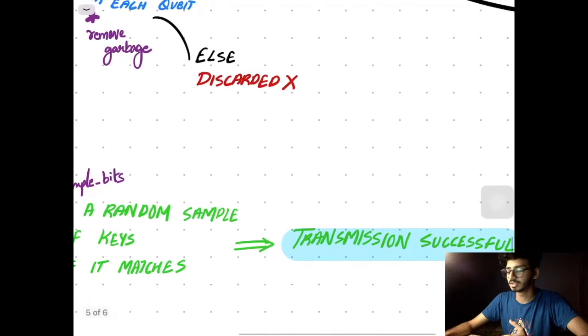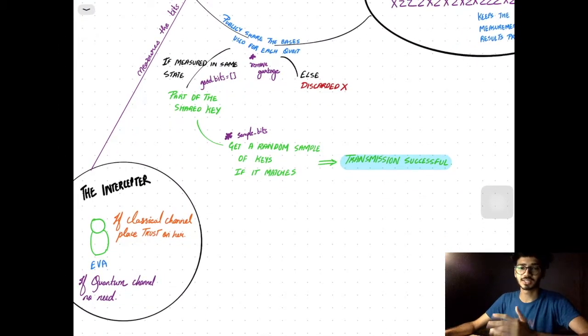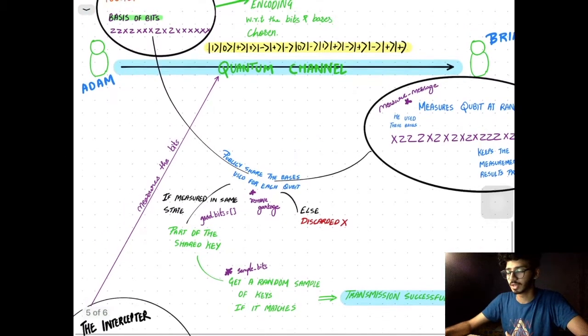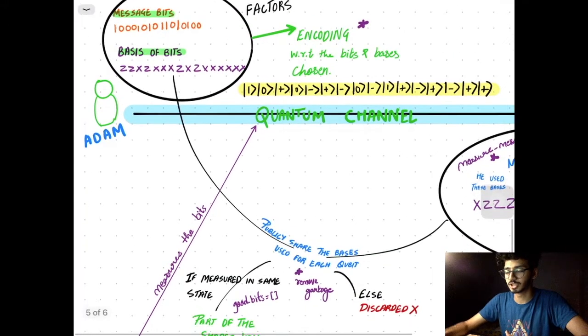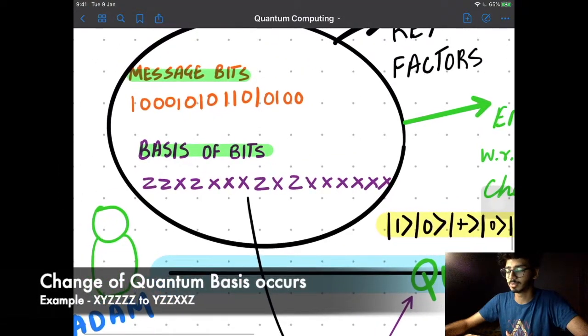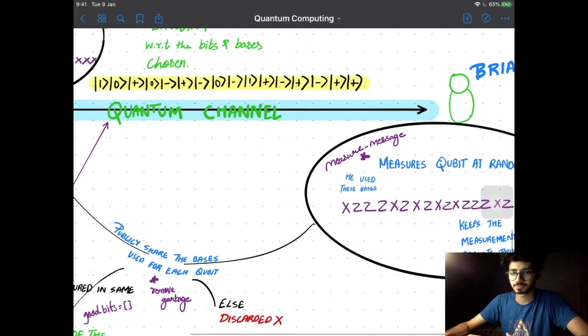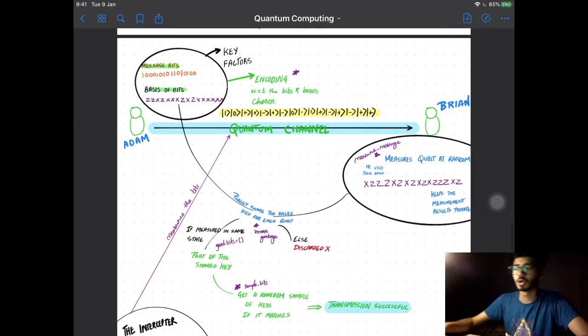If it matches, the transmission is successful. Now, if the interceptor comes in, what happens? The interceptor measures the bits here in the quantum channel, which changes the basis of bits being transmitted. And Brian receives another set of bits, which lets us know what is going on.